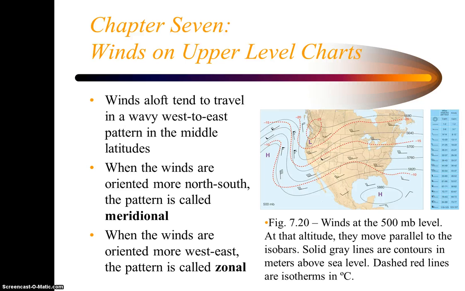West to east winds are called more zonal along the lines of latitude. On the chart depicted here, figure 7.20, winds at the 500 millibar level are shown. At that altitude, they move parallel to the isobars, or the contour lines, I should say. The solid gray lines are contours in meters above sea level, and the dashed red lines are isotherms, lines of equal temperature in degrees Celsius.